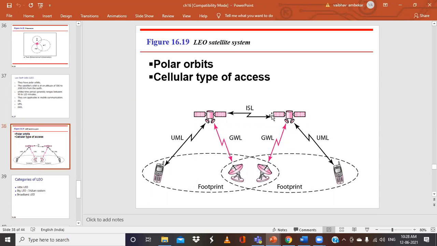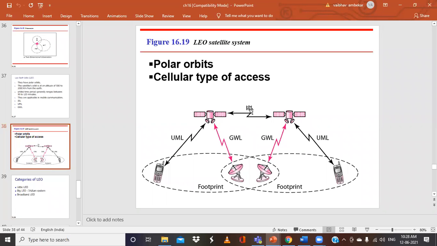The satellites can also communicate among themselves, and that we call the ISL. So the communication between satellites is done using the inter-satellite links, which we call the ISL.